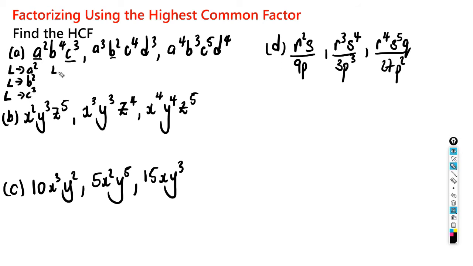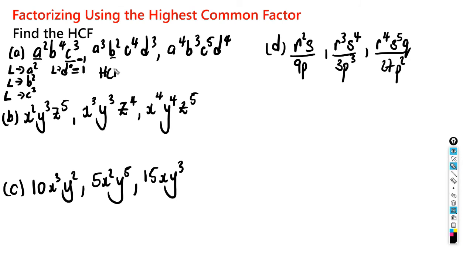And the lowest value for d, as we can see here, guys, there's no d here, right? So it's actually d to the 0, which is equal to 1. That's really the lowest factor for d, because we couldn't just choose d cubed because we can't divide d cubed into the first one, right? So that one is pretty much out. It's d to the 0, which is equal to 1, the lowest for the d.